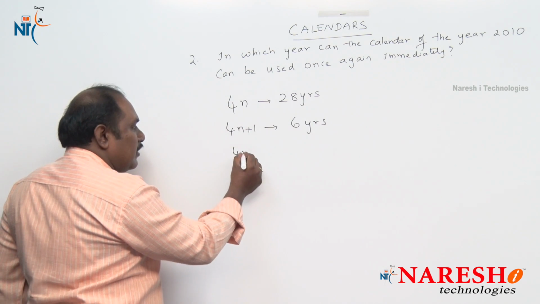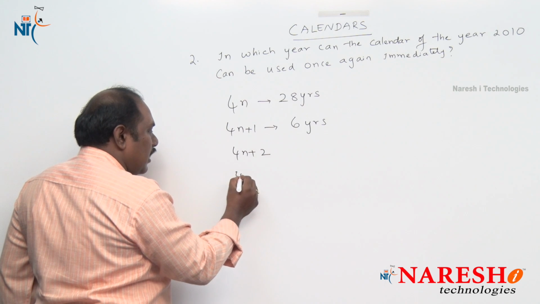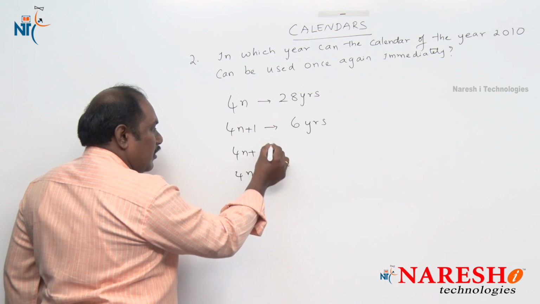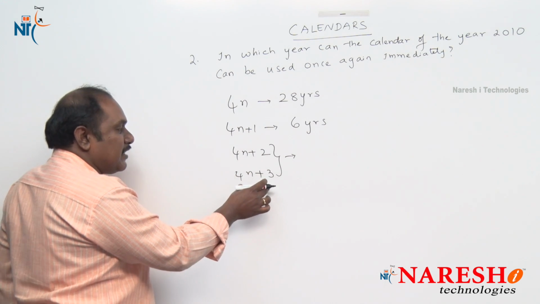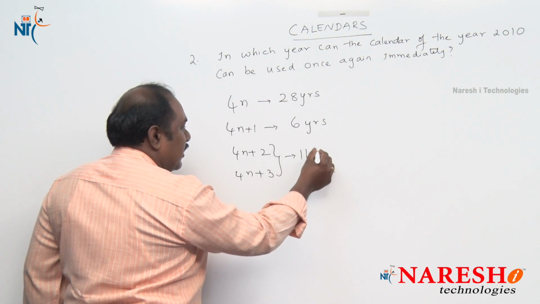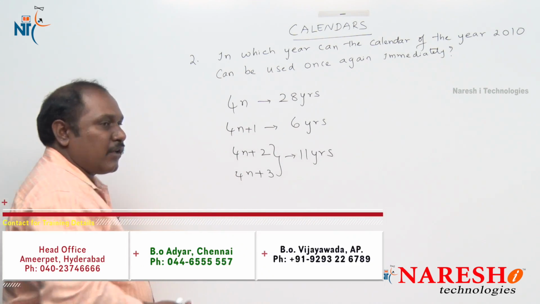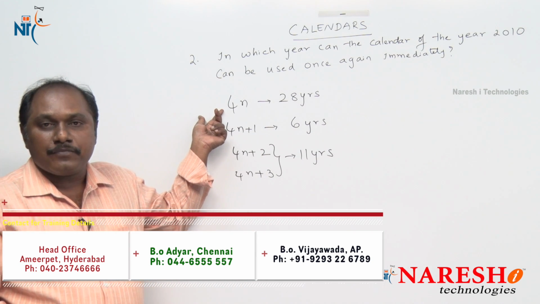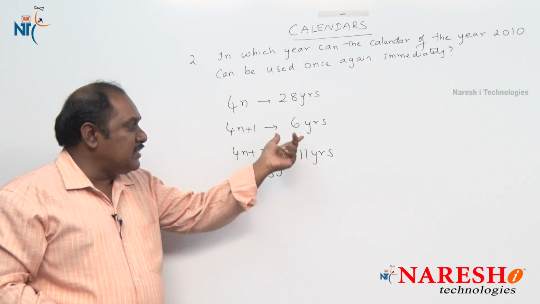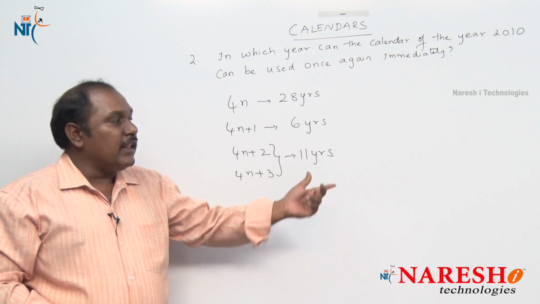After 4n plus 1, we have 4n plus 2 and 4n plus 3. The calendar of a year in the form of 4n plus 2 or 4n plus 3 can be used after every 11 years. Obviously, after 4n plus 3 we come again to 4n. So if you can remember these 3 numbers, you can tell the answer directly.